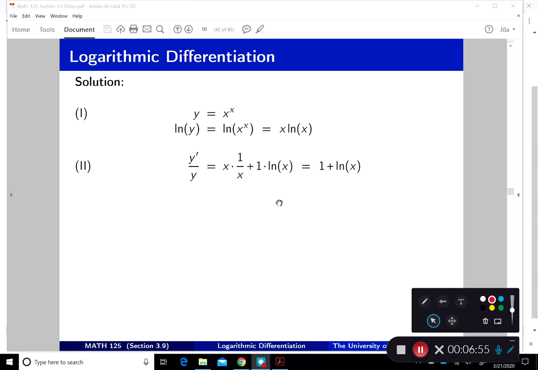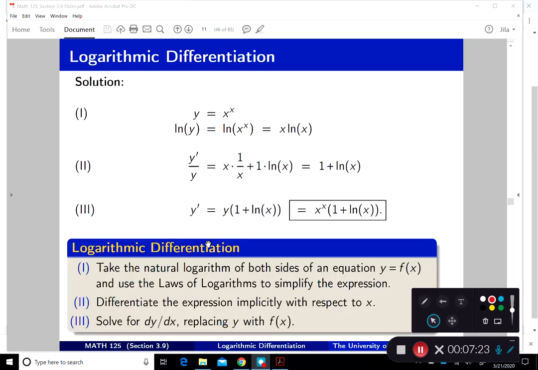For a non-constant to a non-constant power, you end up with a product rule on this side. Then you solve for y prime, replacing y by what you began with, and that was the important part of it. And that gives you the answer to the derivative.